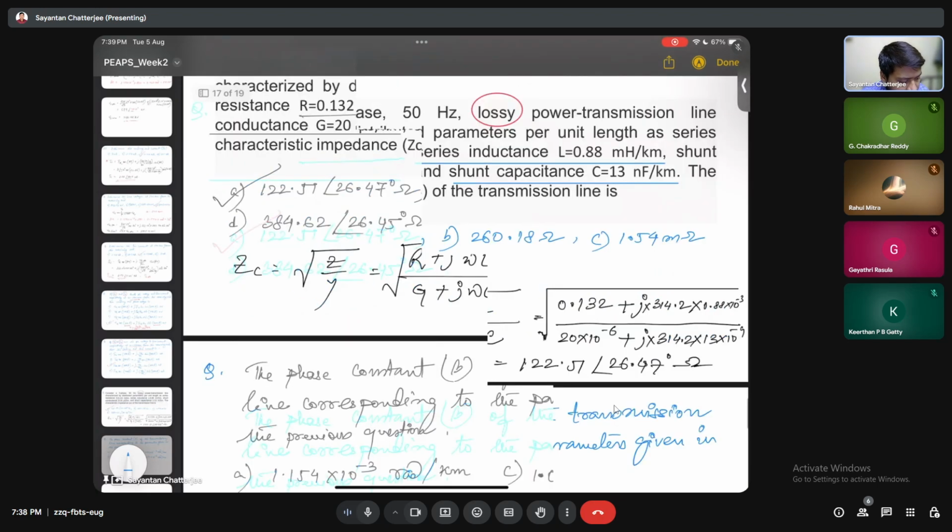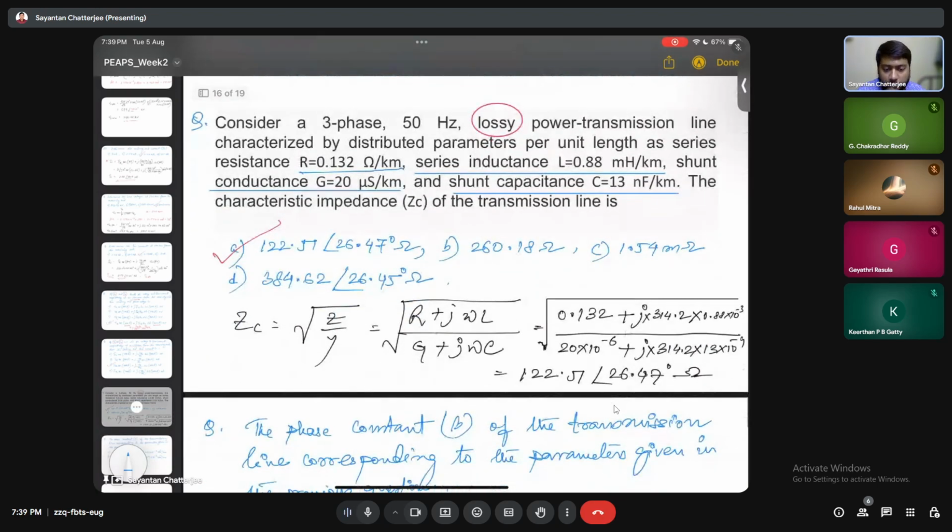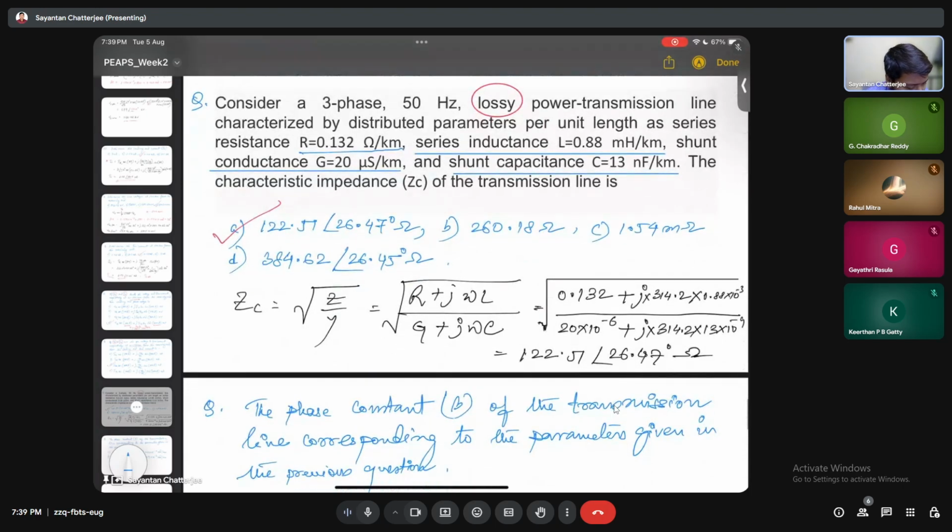So this is the question. Parameter values are this one. I think the question and the parameter values are visible in a single screen.